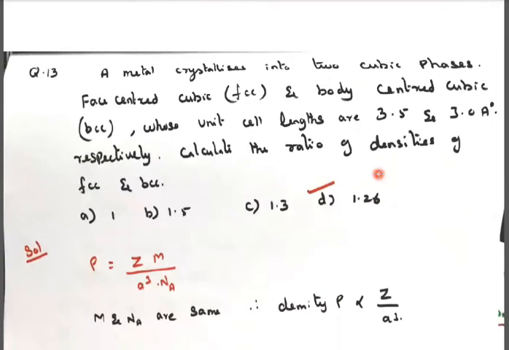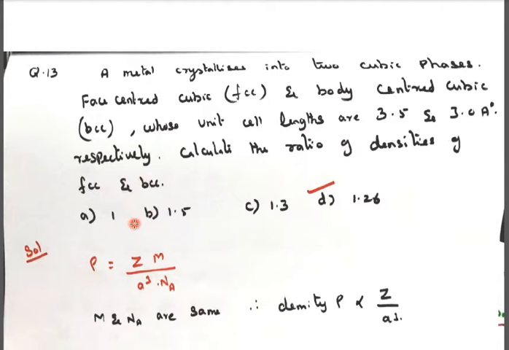And question number 13. Let us see. A metal crystallizes into two cubic forms, face-centered cubic, FCC, and body-centered cubic, BCC, whose unit cell lengths are 3.5 and 3.0 angstrom respectively for FCC and BCC. Calculate the ratio of the densities of FCC and BCC.